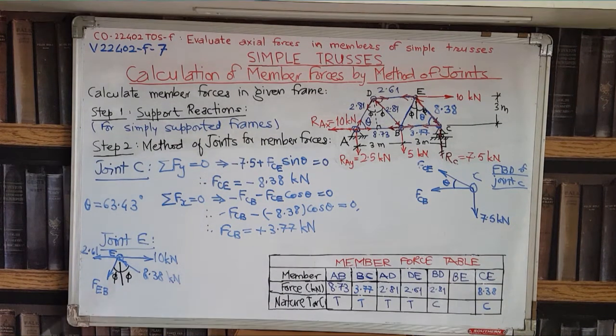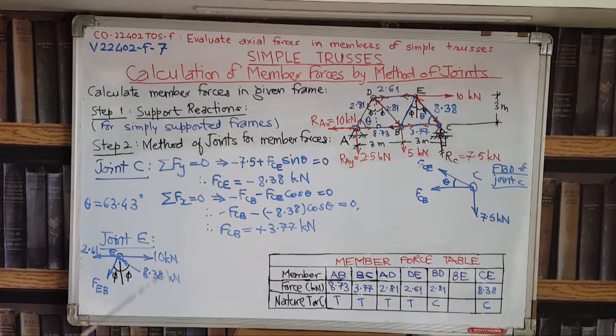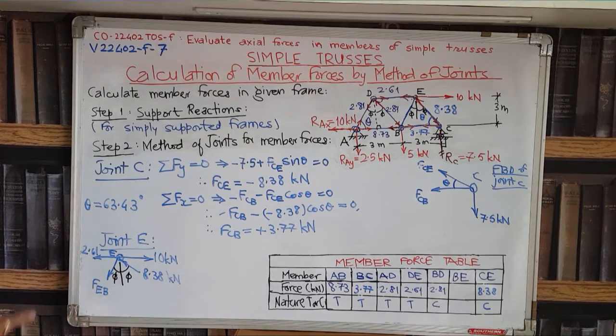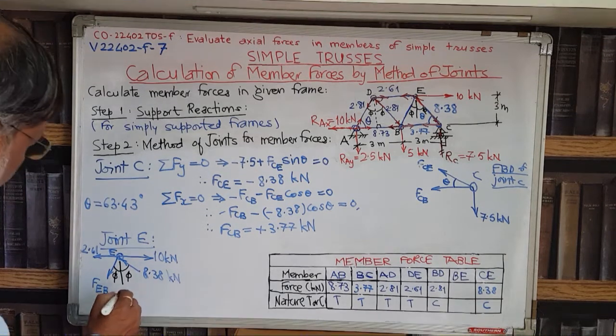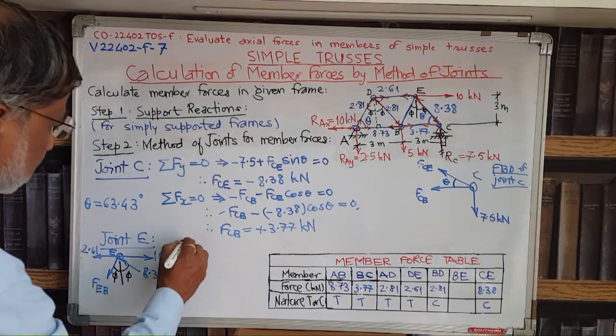We will now apply the conditions of equilibrium to this joint. You can apply only one condition of equilibrium because only one unknown is to be calculated. Now we will apply the condition sigma Fx equal to 0.